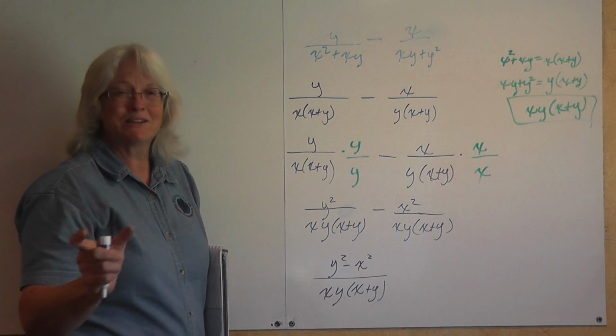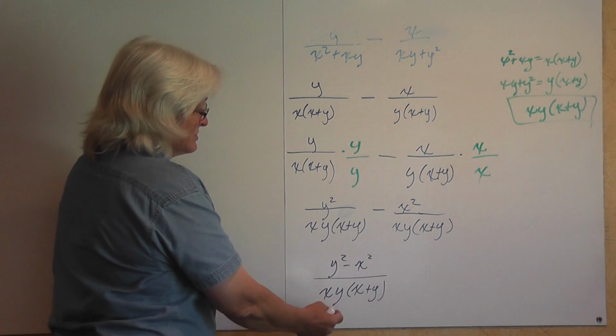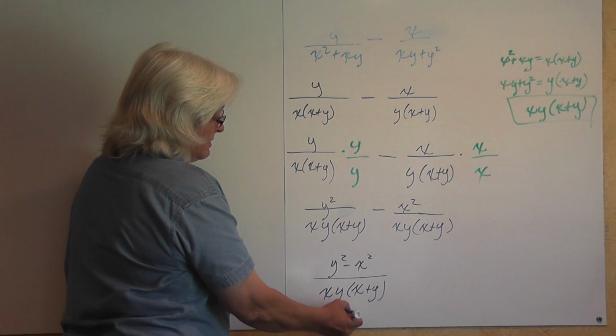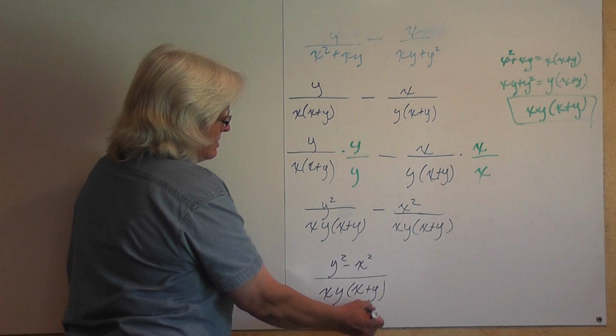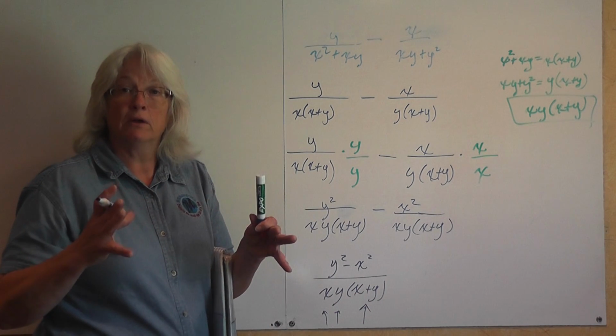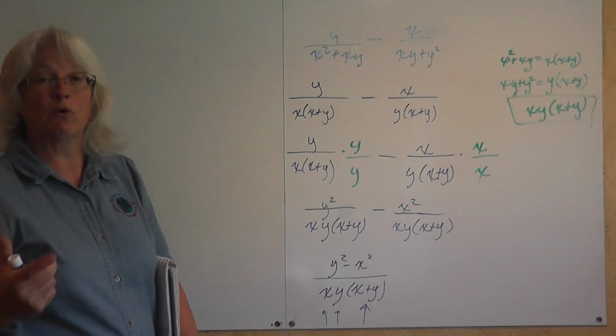Not true. What is it that you can cancel? You can only cancel common factors. We have a factor of x, we have a factor of y, and we have a factor of the binomial x plus y. We don't even have our numerator in factored form yet.